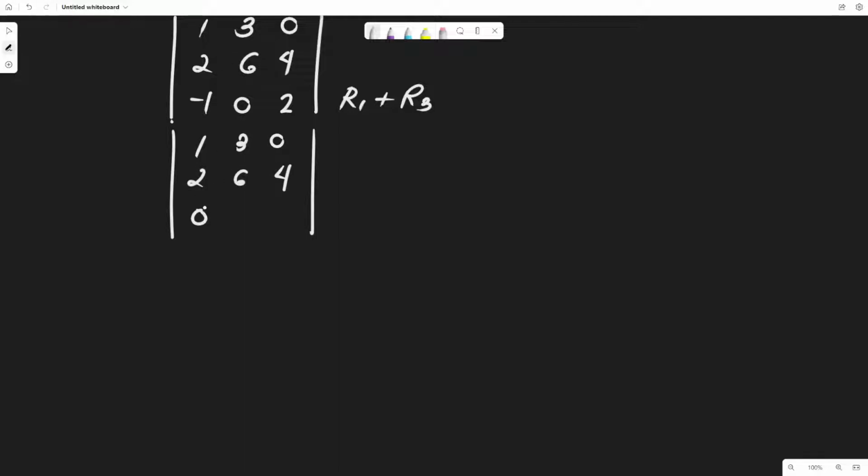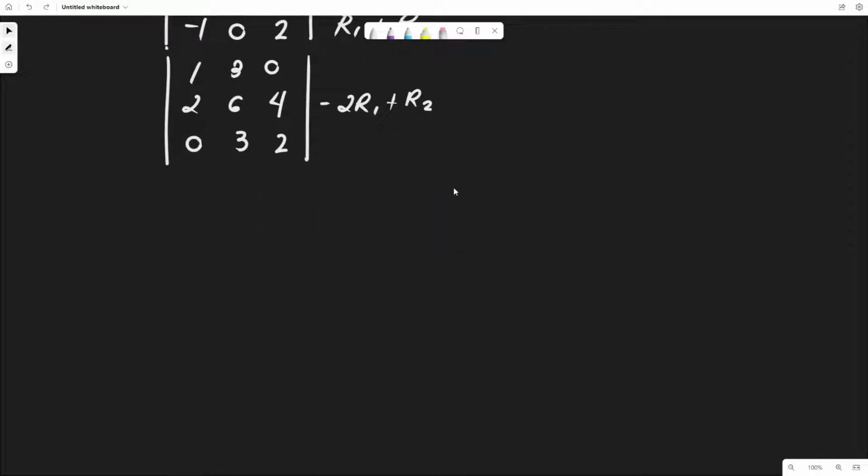Then, this will become 0, 3, then 2. No? Tapos, dito naman. So, we have negative 2R1 plus R2, no? Ayan. So we have 1, 3, 0, 0, 3, 2, no?